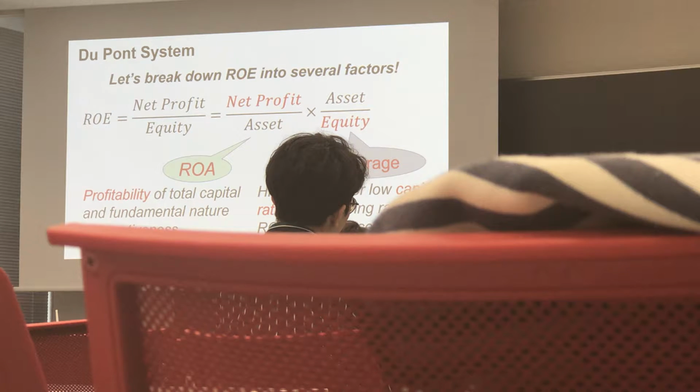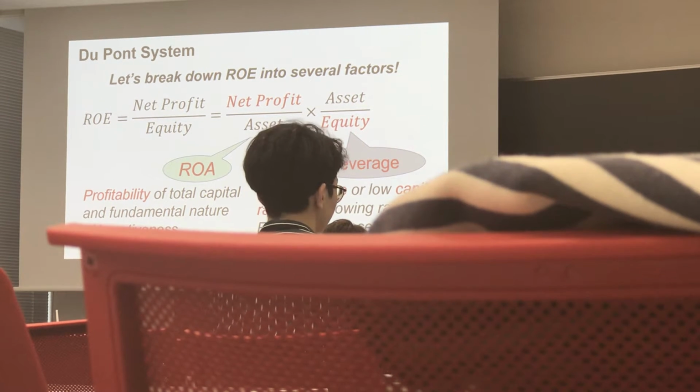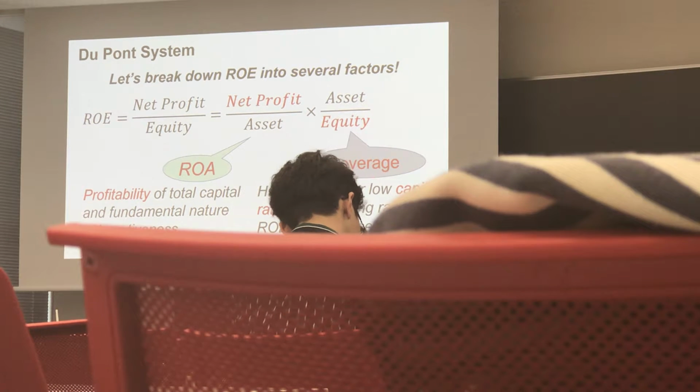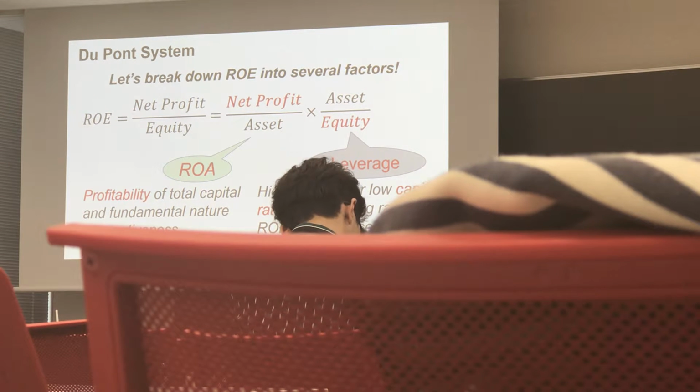Net profit over assets is ROA, or return on assets. And assets over equity is leverage. Okay. So if leverage is quite high, it is very risky. But higher risk can be partly compensated by a higher ROE.